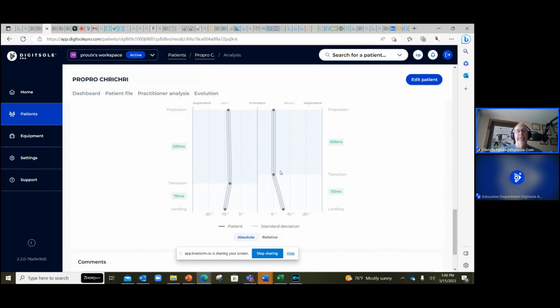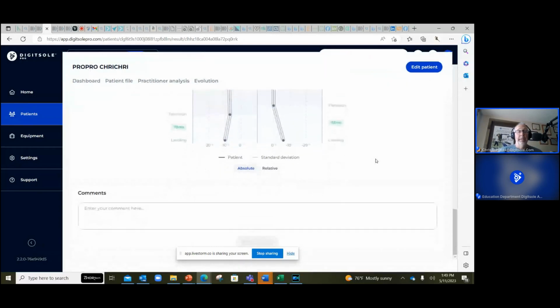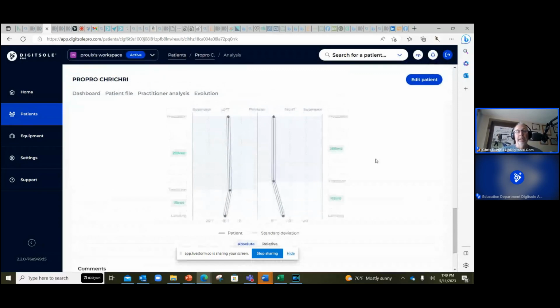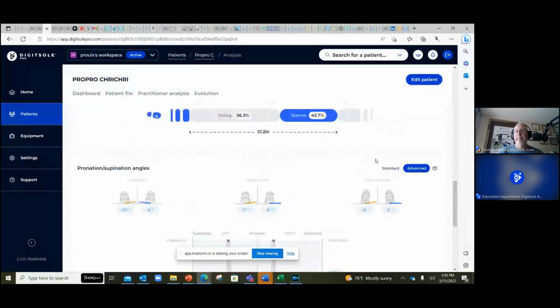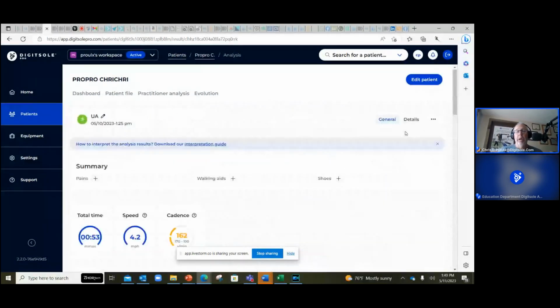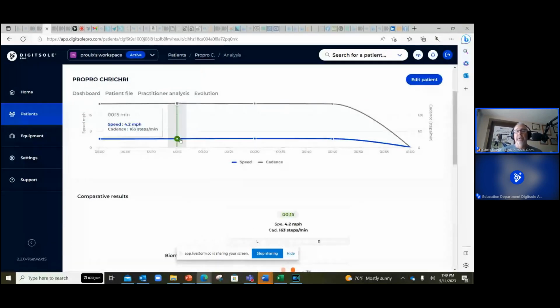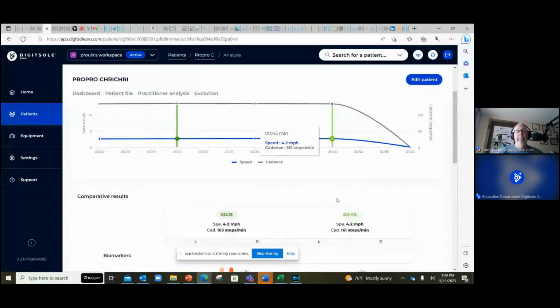But at least from this perspective, I would say, yeah, it looks like they probably need something to support that arch on that right foot. And again, we saw that in this shoe, and especially the New Balance shoe with the walking tests.